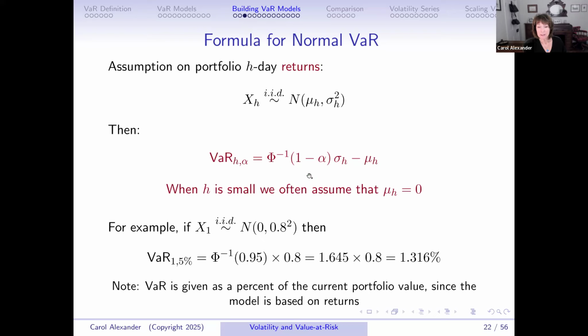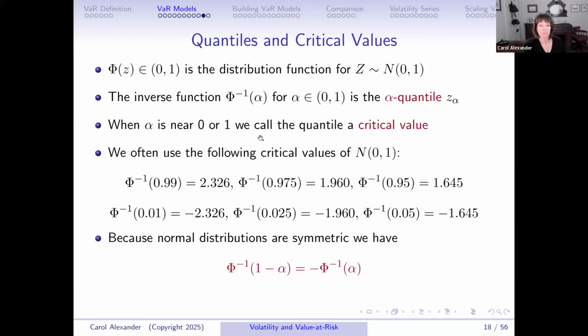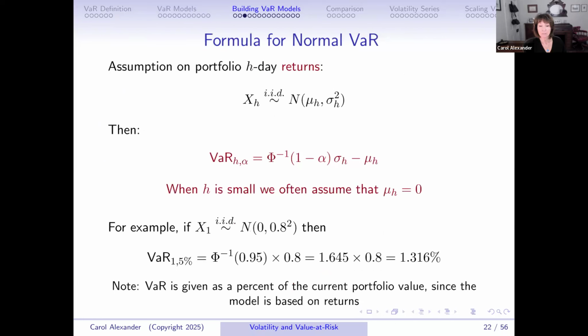And it's just scaled by this number, phi to the minus 1 of 1 minus alpha, which we know could be, for example, 2.326 for a 1% VaR, or for a 2.5% VaR, it would be 1.96. For example, if we're looking at daily returns with mean 0 and standard deviation 0.8, then the daily VaR at 5% will be phi to the minus 1 of 0.95 times 0.8.